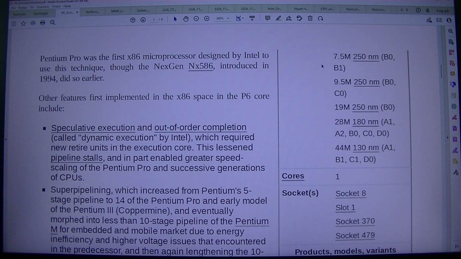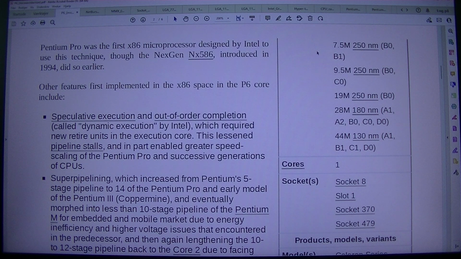7.5M 250 nm, B0, B1. 9.5M 250 nm, B0, C0. 19M 250 nm, B0. 28M 180 nm, A1, A2, B0, C0, D0. 44M 130 nm, A1, B1, C1, D0. Cores: 1.